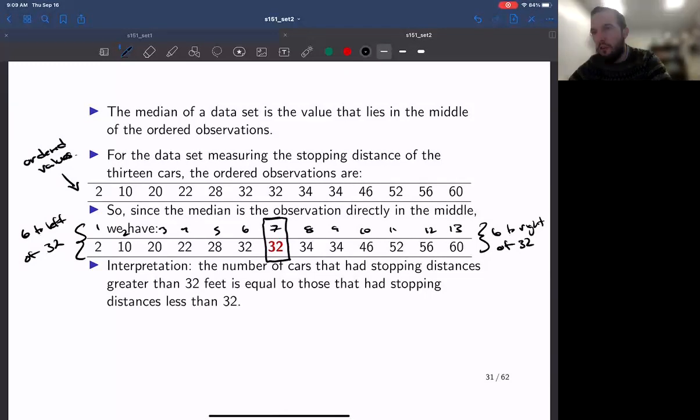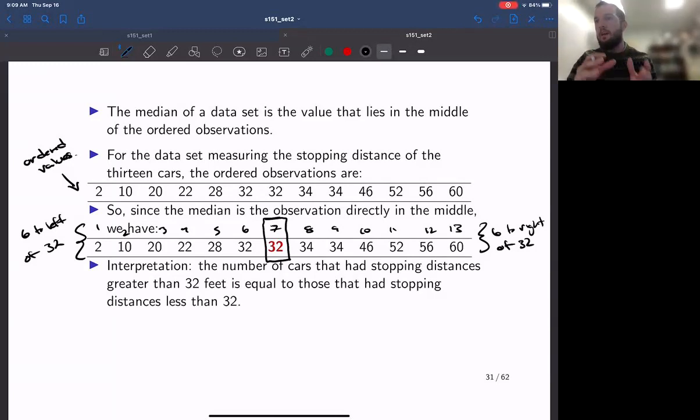So interpreting the median isn't quite as straightforward as interpreting the mean, but essentially what we can say is that this value represents the middle part of the data. So we can say something like, in our data set of 13 stopping distances, 6 cars had stopping distances less than 32 and 6 cars had stopping distances greater than 32.